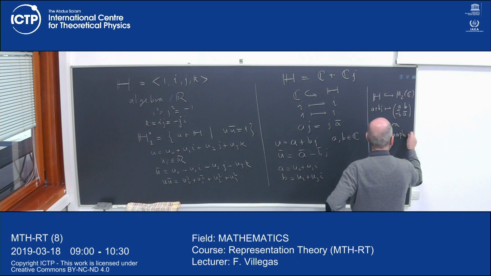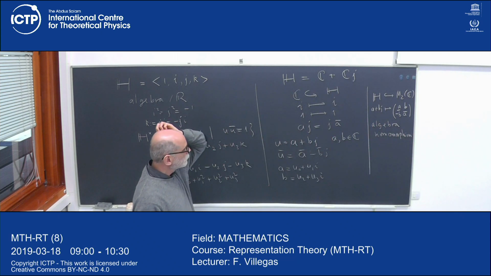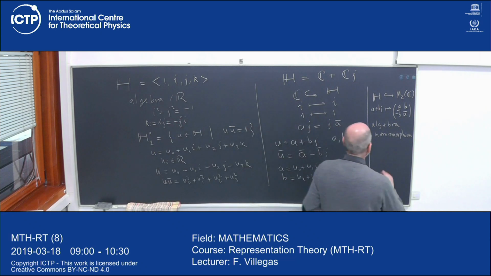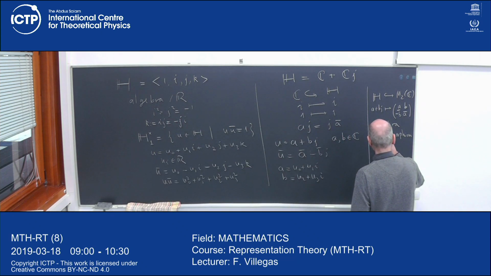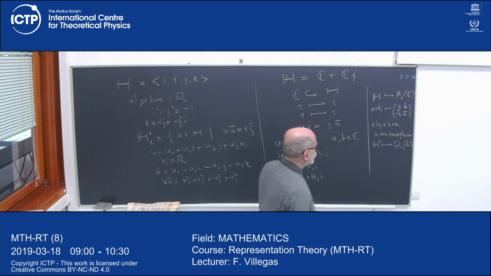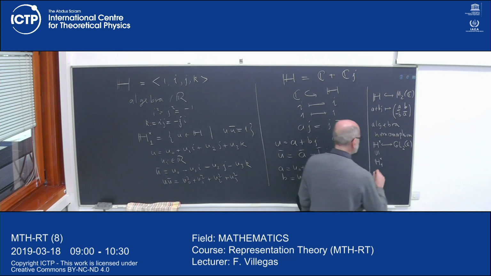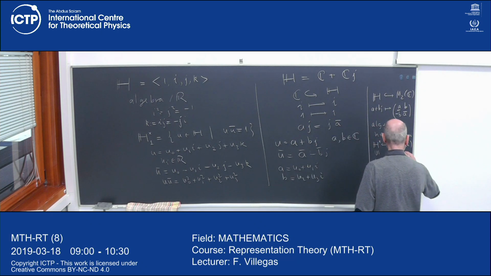It's additive, which is clear, but it's also multiplicative. So if we look at elements that are invertible, it will map to GL2, invertible matrices, and inside here they are the invertible elements of norm 1, and this maps to SU2.